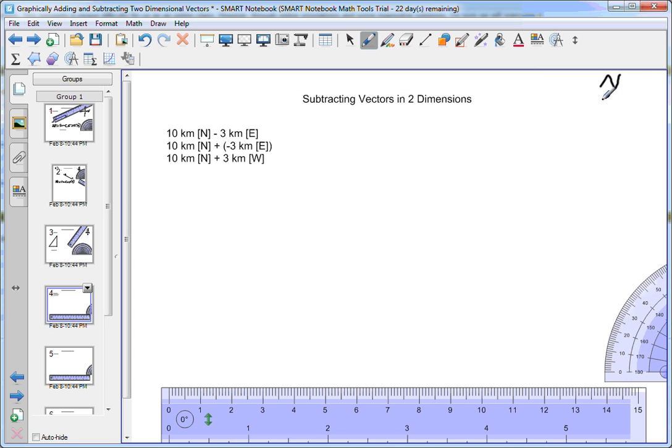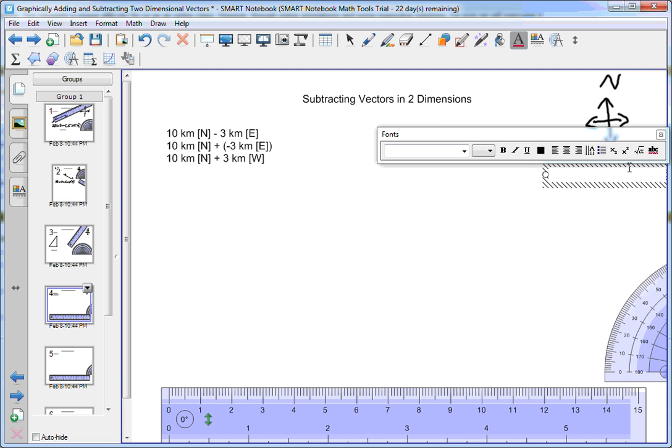So we've got north, and we also now have a scale that we need to work out. So looking at the length of our ruler, size of our page, and these numbers, I can estimate that 1 centimeter being equivalent to 1 kilometer should work.